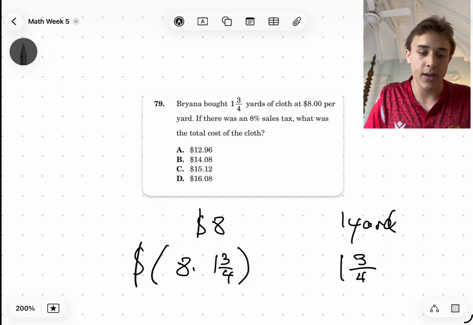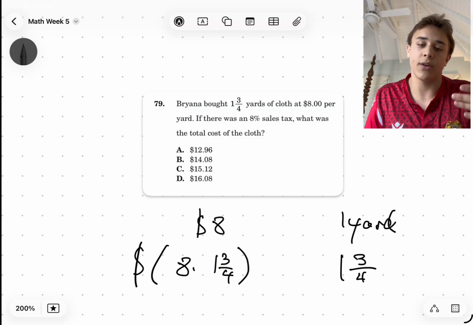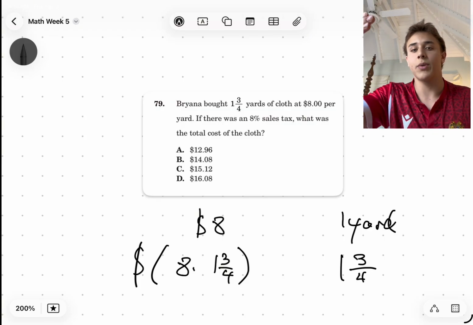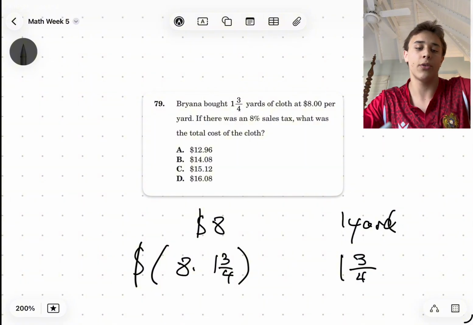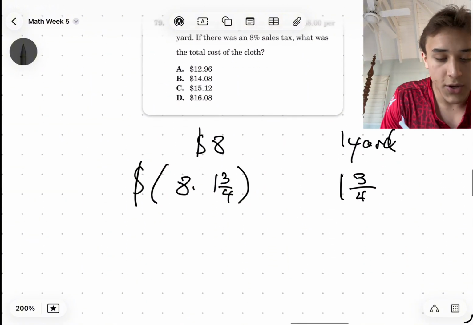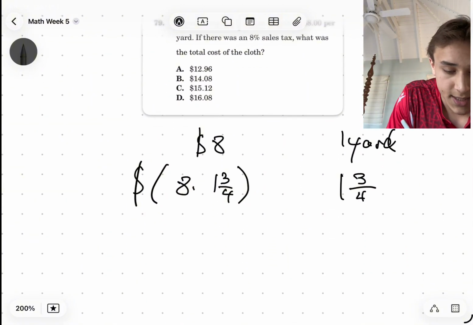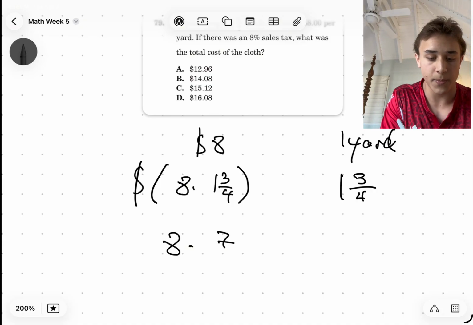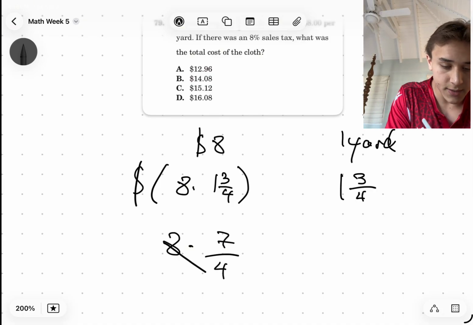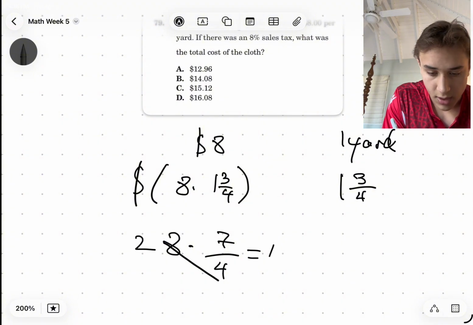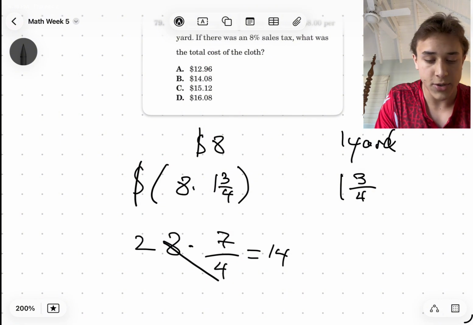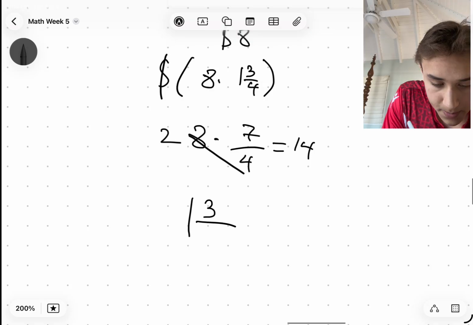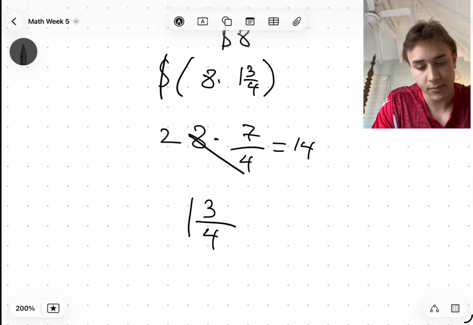We're given that it's $8 for 1 yard, so if we take 1 3/4 yards, we should also take 1 3/4 times $8. So then we actually have to calculate what this is. 8 times 1 3/4, well, that's just the same thing as 8 times 7/4, which is 14. So for 1 3/4 yard of cloth, she spends $14.